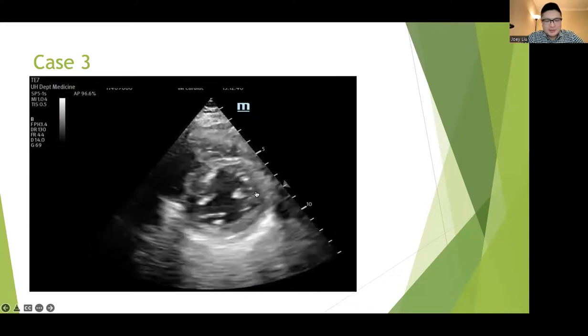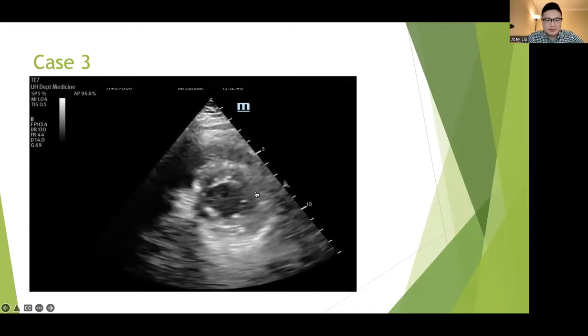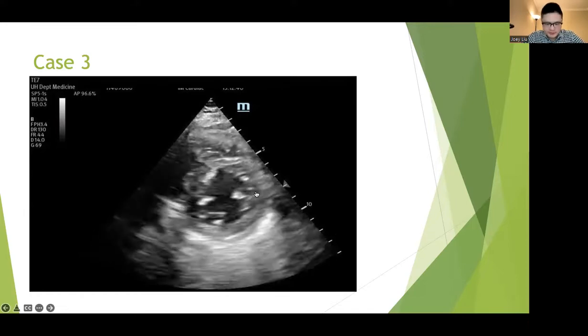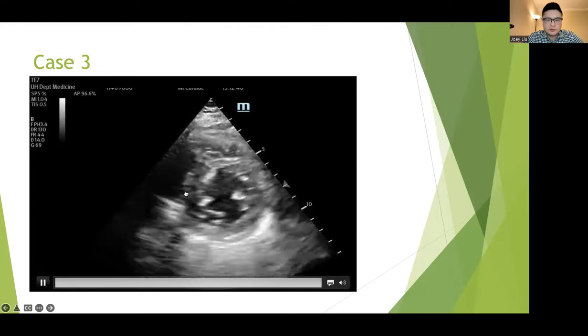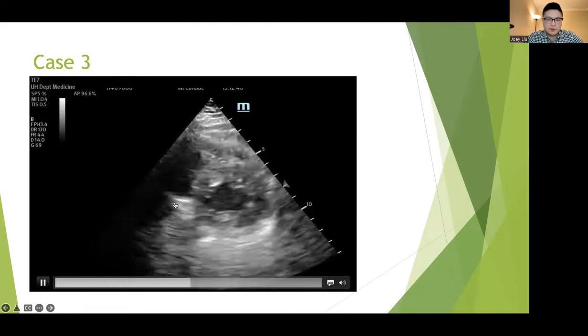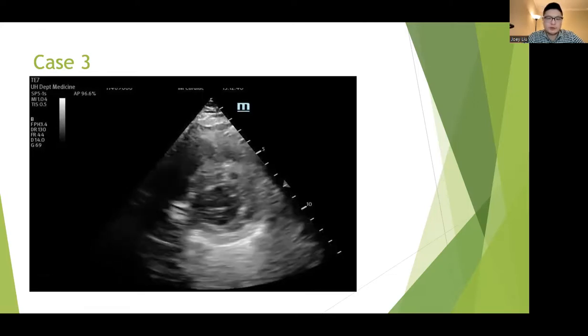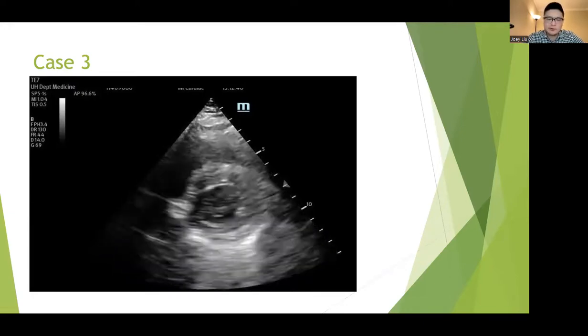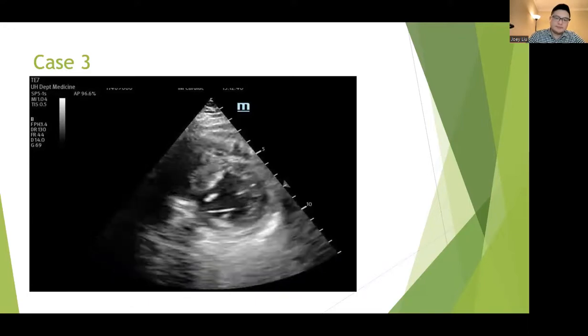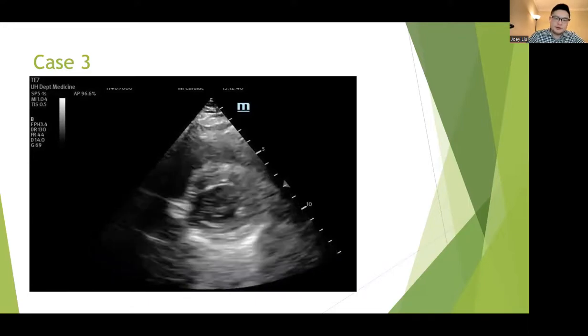And in this parasternal short axis view, again, we felt the LV function was the main conclusion, and it seems that the systolic function is quite well. The septal motion also seems to be normal and not bowing or flattening, which could be indicative of RV pressure or volume overload during systole and diastole, which we'll touch on later.